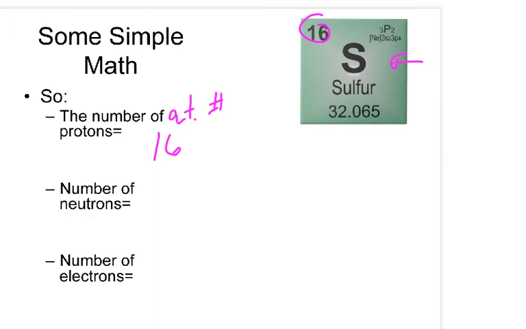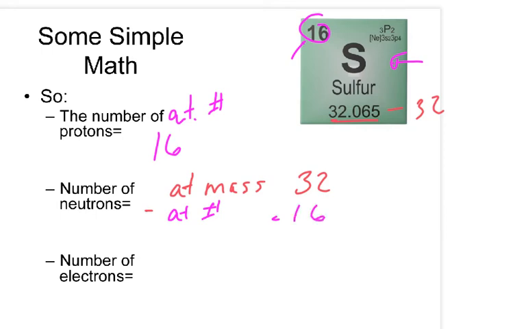For the number of neutrons, we do the atomic mass, that's here, minus the atomic number, this one up here. For this element we round to 32, because 32.065 rounds to 32. So 32 minus 16 gives us 16, and that's the number of neutrons.